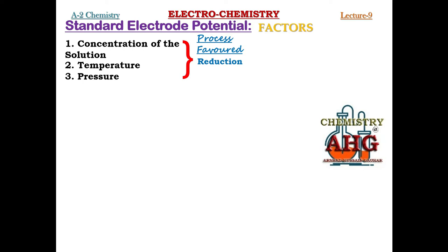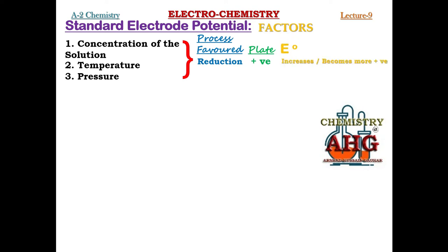Which charge will be created on that electrode or half cell? It would get positive charge. So whenever by changing these conditions reduction is favored, the plate would get positive charge, and if the plate gets positive charge, what does this mean? It means the E naught value, the standard electrode potential, increases mathematically, or it becomes more positive.